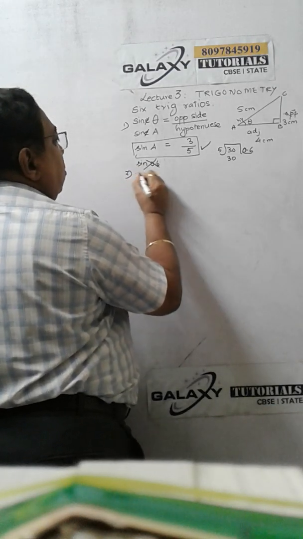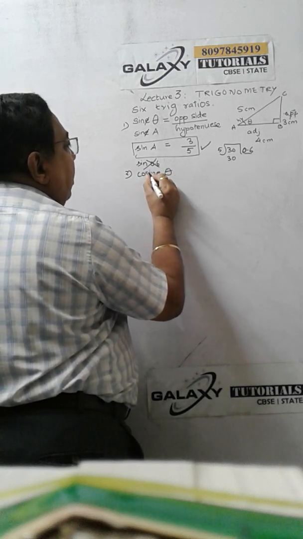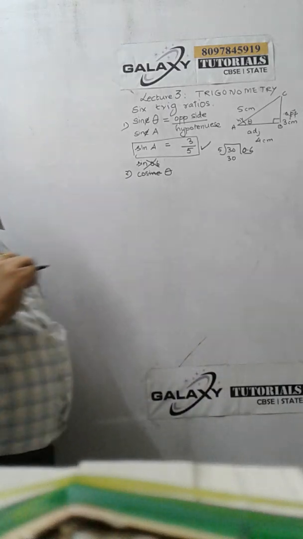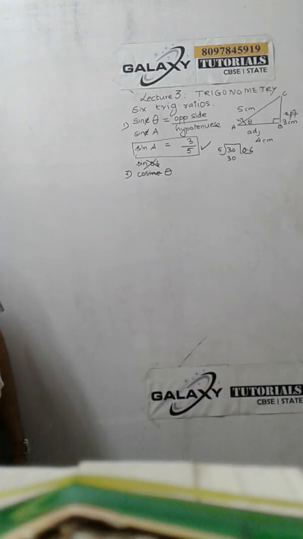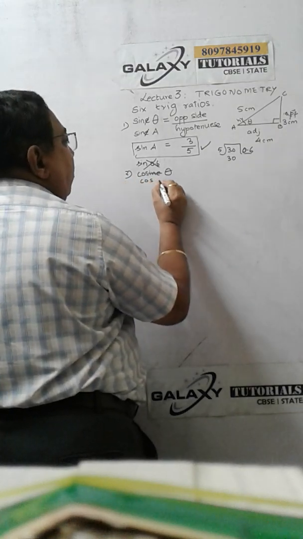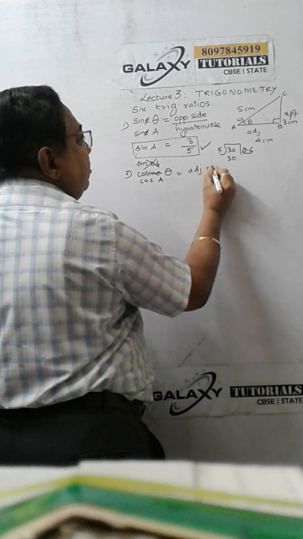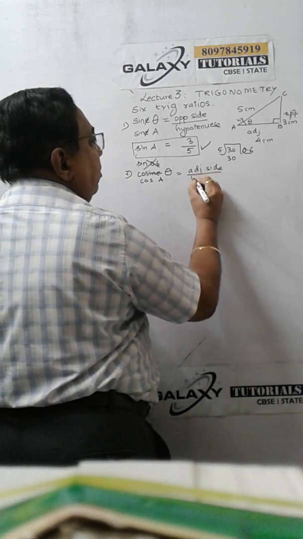Number 2, cos theta. Cos is cosine, and as I told you, we need 3 letters to remember, standardized, you cannot choose, so this is cos theta. Cos theta or cos of A mean the same thing. This is defined as adjacent side upon hypotenuse.